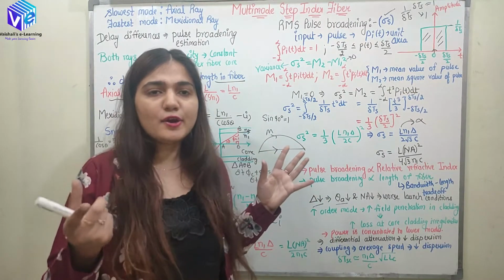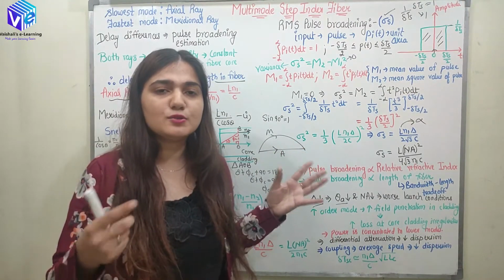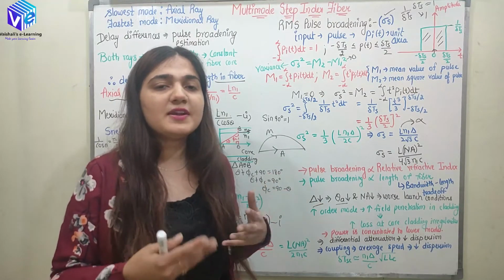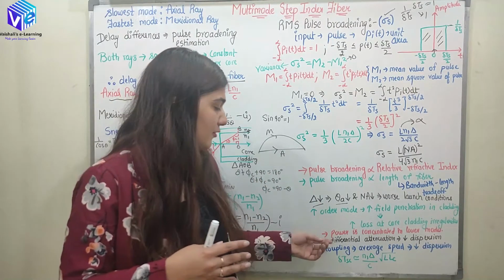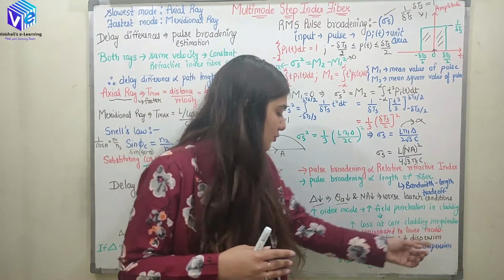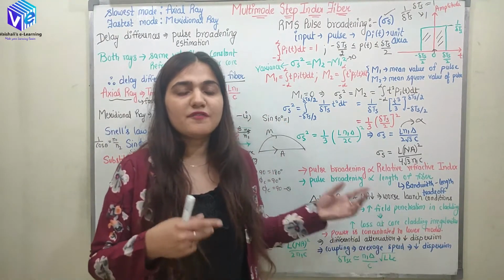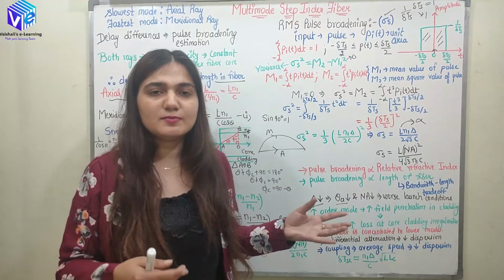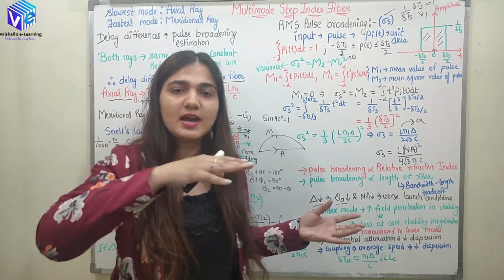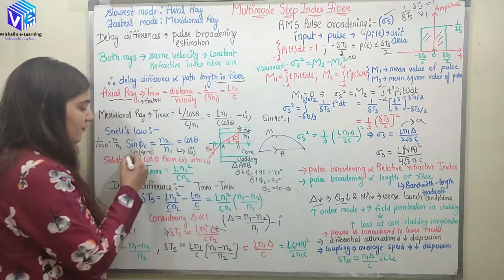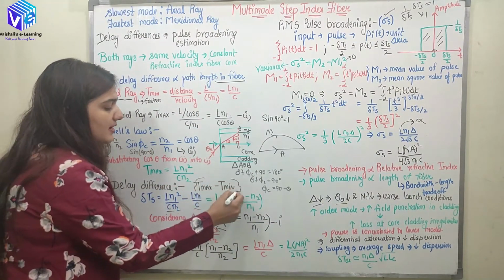So in the higher order modes, if I have higher losses, it means the significant power would be less in them, so I would be having more power in the lower order modes, and I will be having the differential attenuation, right? Differential attenuation means I would be having lesser power in the higher order modes. So here this difference is the T max minus T min, right?